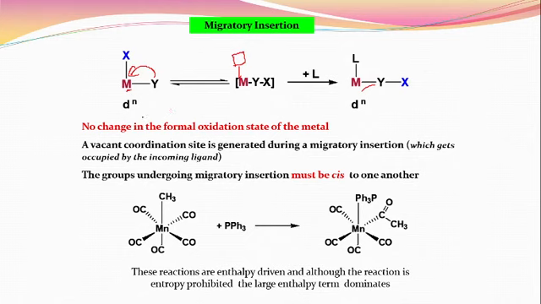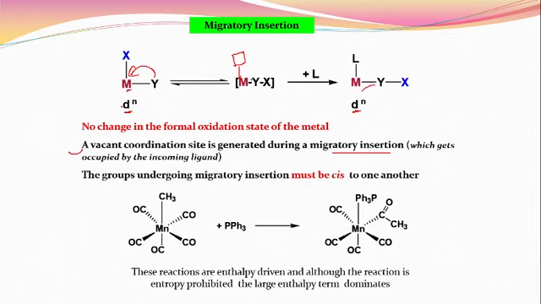In this case, there is no change in the formal charge on the metal. If this metal has a d^n configuration, then in the final stage the metal also has the d^n oxidation state. That is the condition: there is no change in the formal oxidation state of the metal. Second, a vacant coordination site is generated during the migratory insertion.